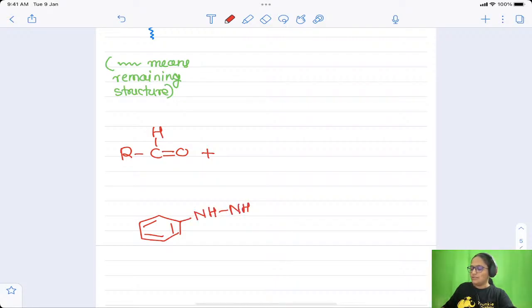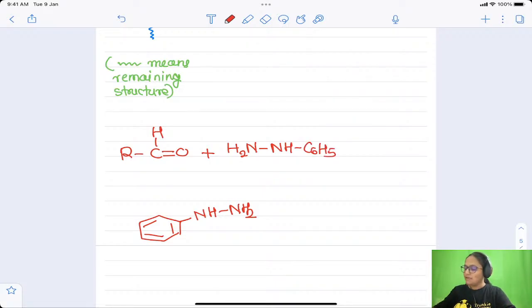So instead of writing C6H5NH2 like this, I will write H2N, then NH, then C6H5, so that I can show the loss of water molecule.